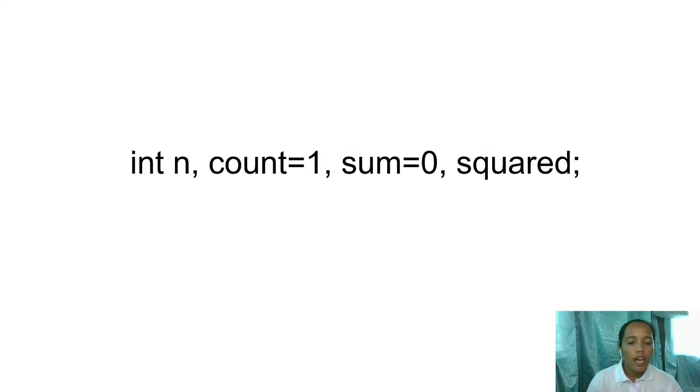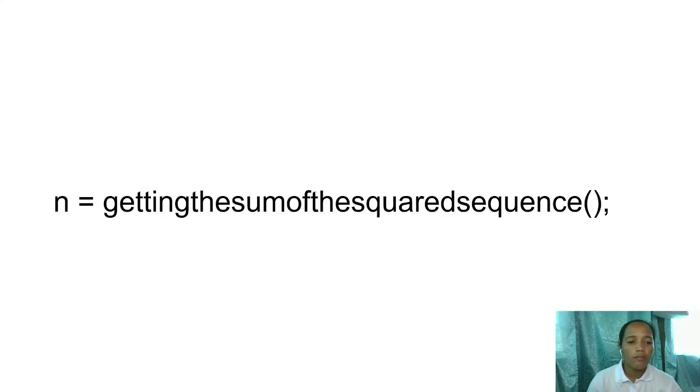So in int n, count equals 1, sum equals 0, squared, semicolon, we are declaring it so that we can store information to the reference and manipulate it in a computer program. Then we have to type again the n equals getting the sum of the squared sequence, open and close parenthesis, semicolon.